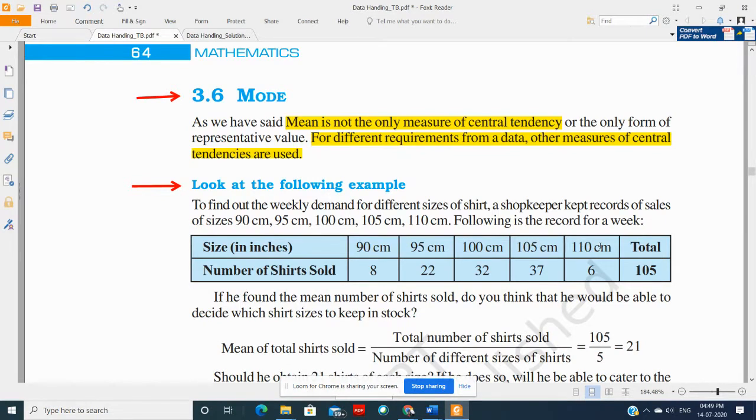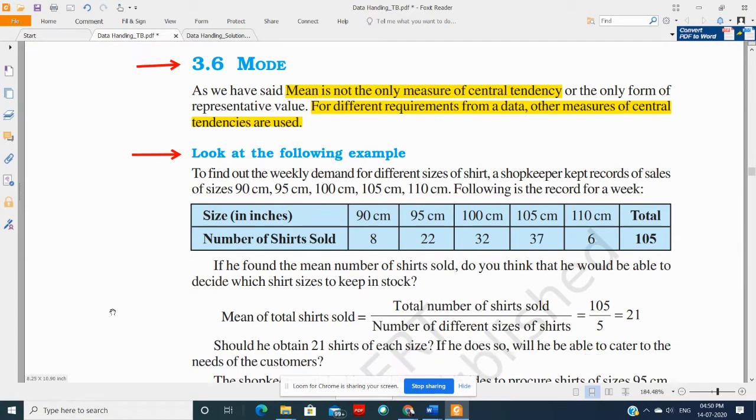And these are the number of shirts sold. For 90 centimeter, 8 shirts sold, 95 centimeter 22, 100 centimeter 32, 105 centimeter 37 shirts, and 110 centimeter 6 shirts. So the total number of shirts sold is 105.